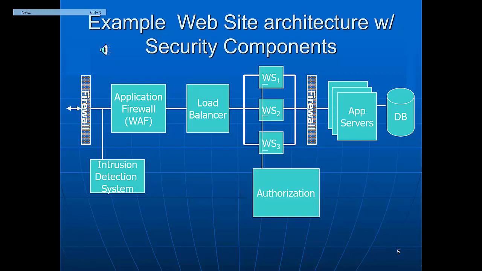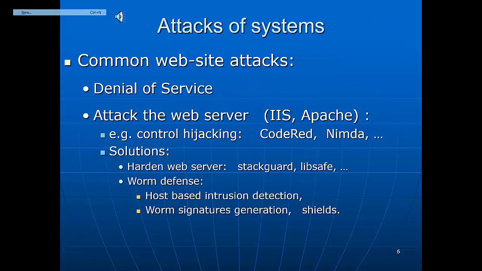So some of the things that you might want to be checking for, for example, when you're coming into your applications, is things like authorization. Do they have access? There's a lot of different kinds of attacks on web systems. Denial of service is where you see flooding, people just flooding with a bunch of requests.